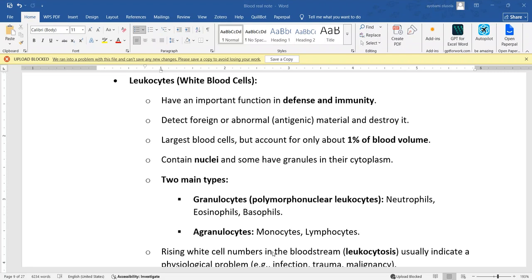I'm emphasizing this because I've seen a question like that. The question will say, which of the following is not a granulocyte? Neutrophil, basophil, monocytes, eosinophil. So you know that all the granulocytes have phils, while the agranulocytes end in cytes.